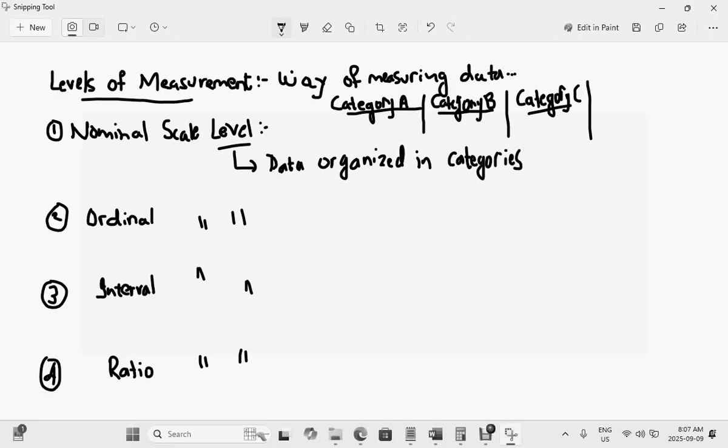Next you have your ordinal scale level. Now ordinal scale, as the name suggests, has to do with a certain order, or data which is organized in order. Say, for example, you have a list of five top gadgets for home security.